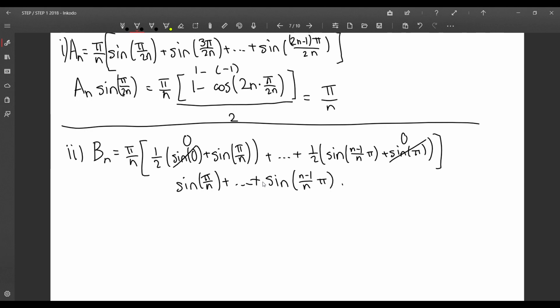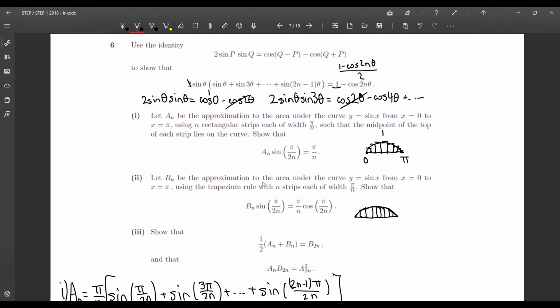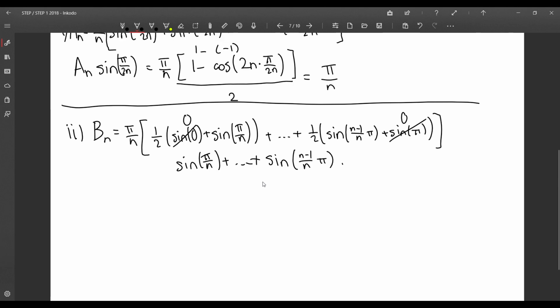So what happens is, if we were to multiply by 2 sine of pi over n by this, using our collapsing rule, we would get 1 minus cosine of pi, which is 2.